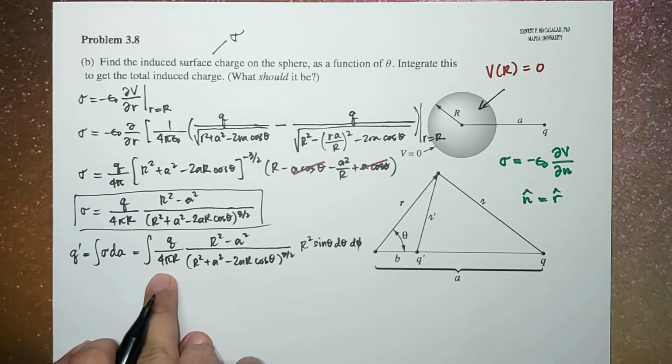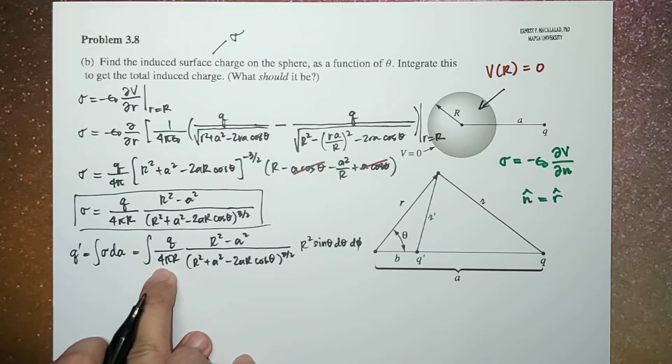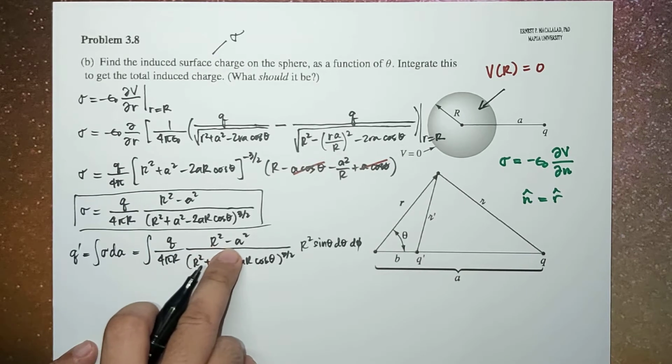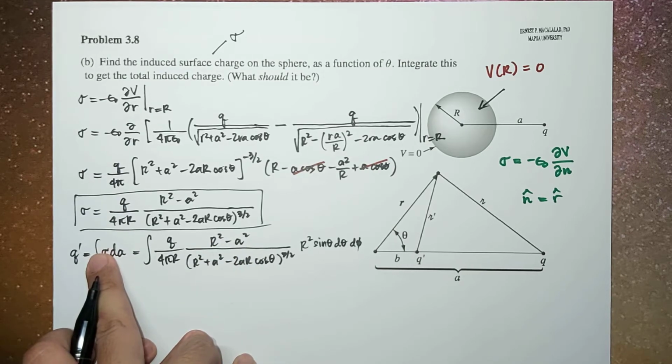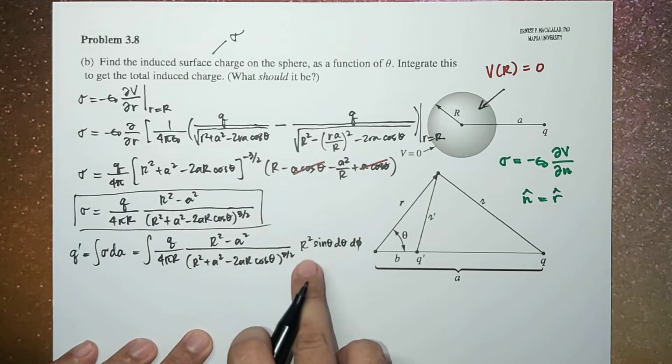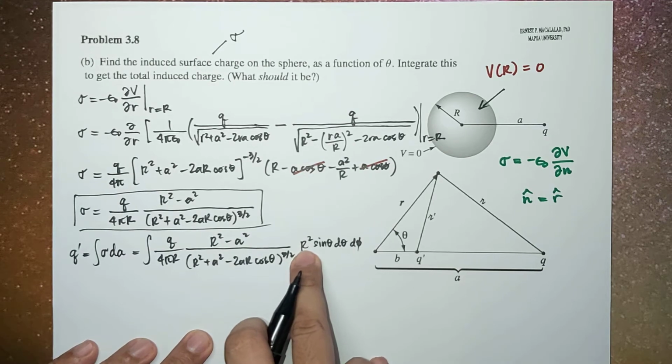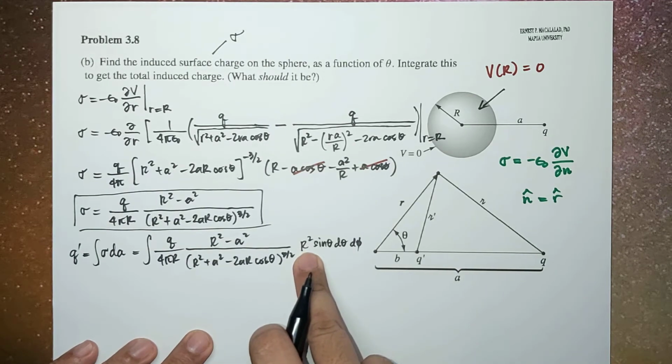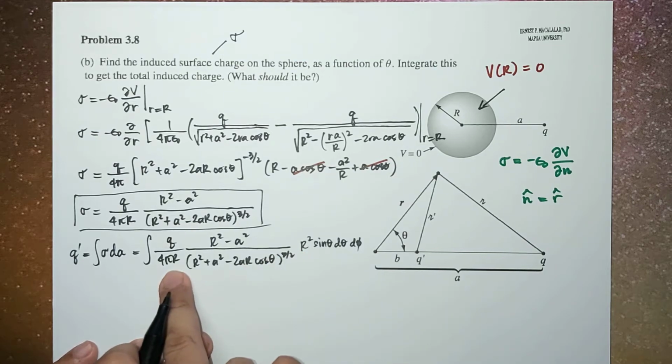And that will be cancelled with 4 pi here with 2 remaining here. Okay, q and R squared minus a squared are constant, so we can take those out, and also R squared here will cancel with R here.